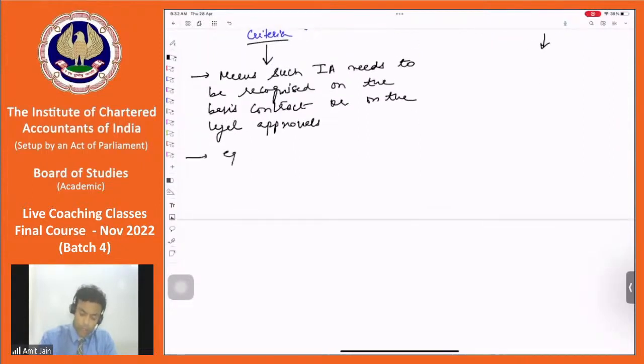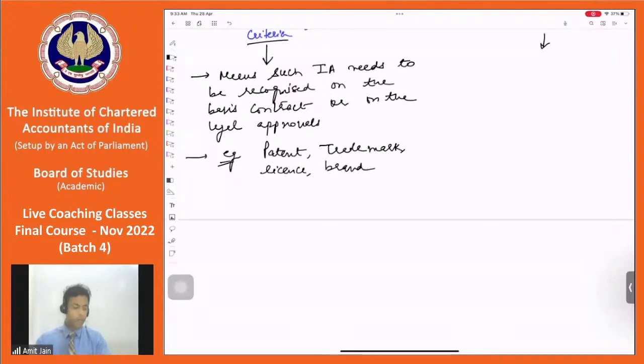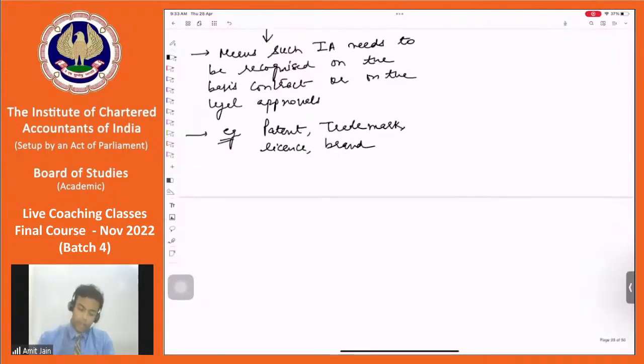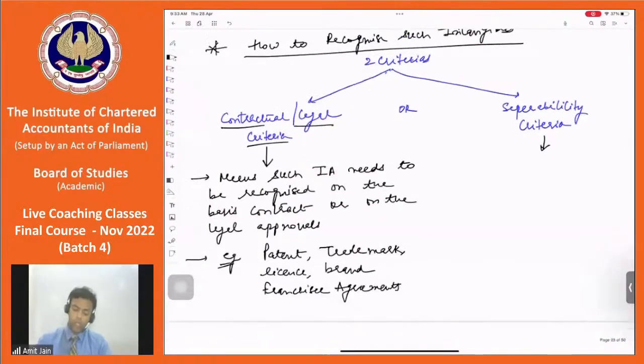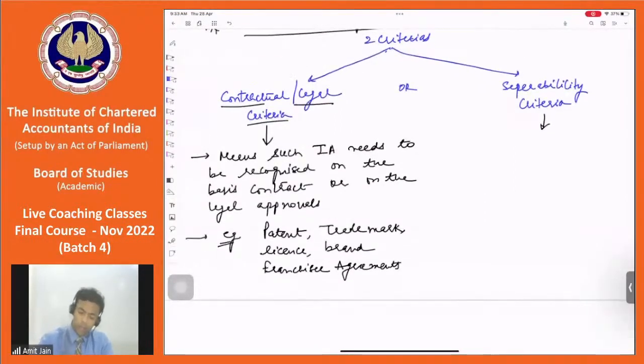Examples: patent, trademark, license, brand, franchisee agreement. So these are the contractual or legal criteria.